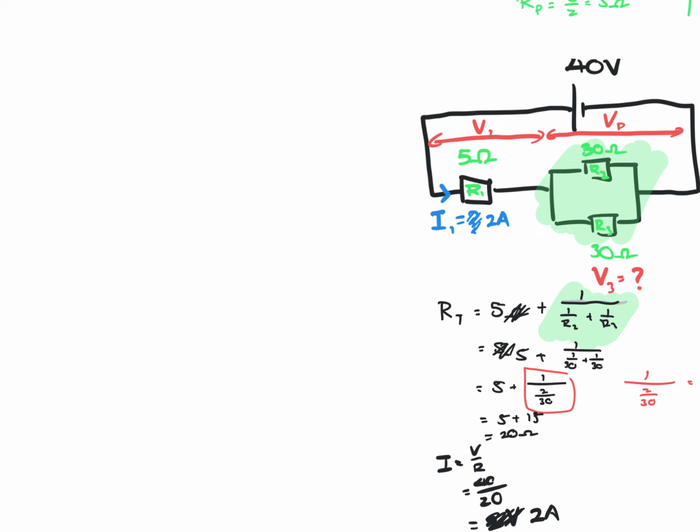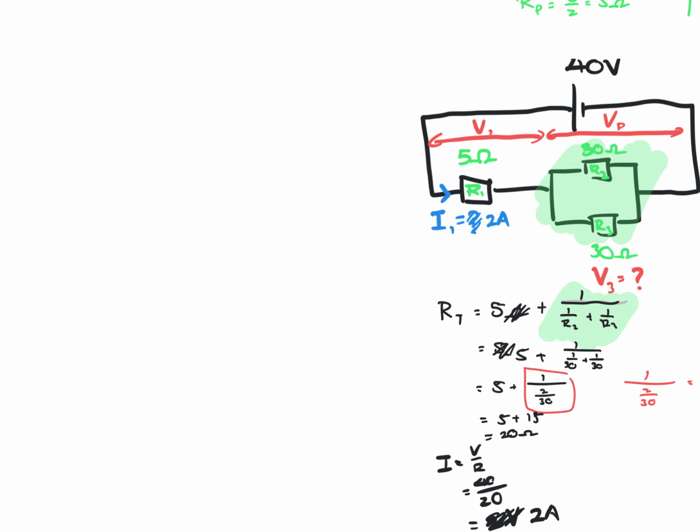Now, these two, V1 plus Vp, will equal 40. All right? So, if I can find V1, I will already know what my Vp is. And my Vp is the same across here and here. So that's how I can find this.